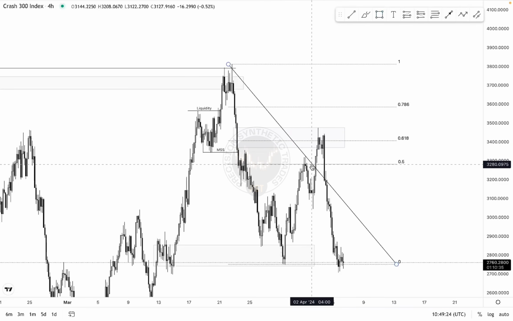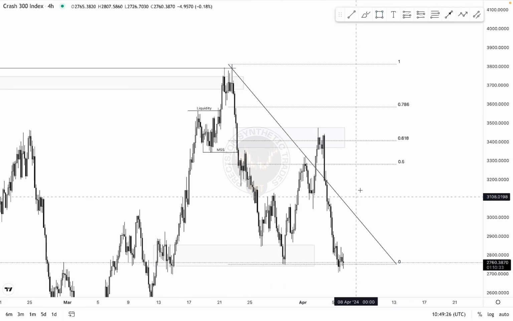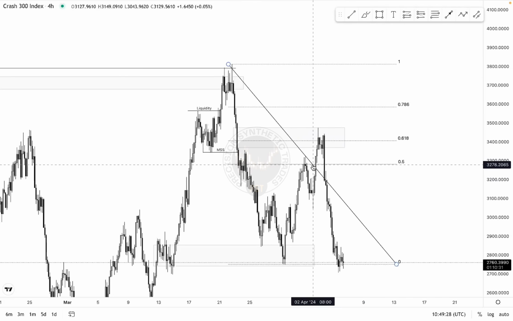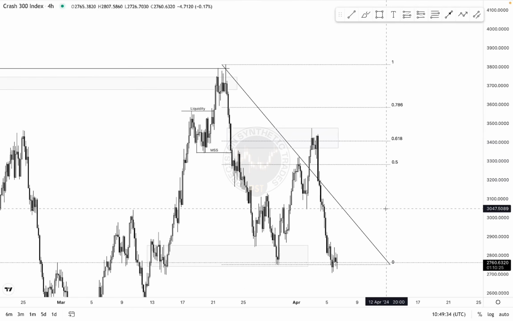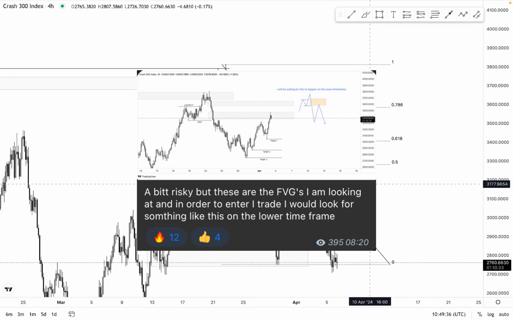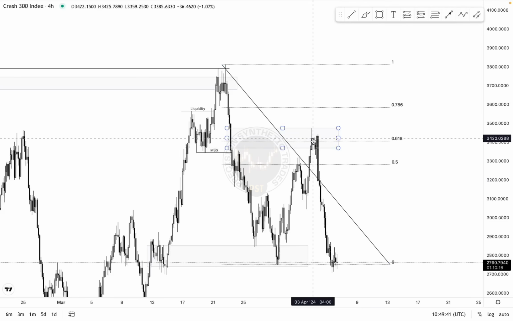Now, if I delete, alright, so when I look at the FIB, 50, we got a reaction. 61.8, we got a reaction. Now, when I sent out the analysis on the group, price was in the 61.8 level.